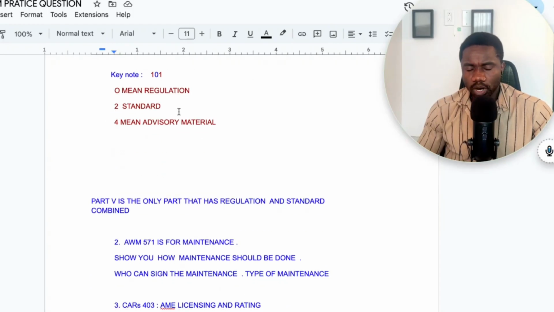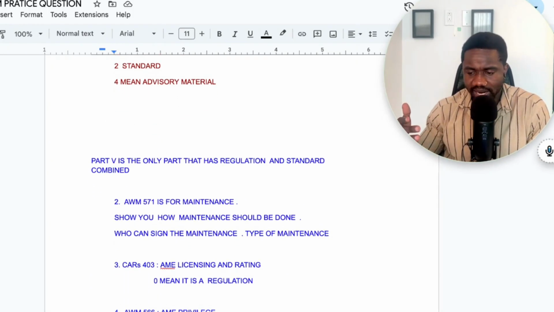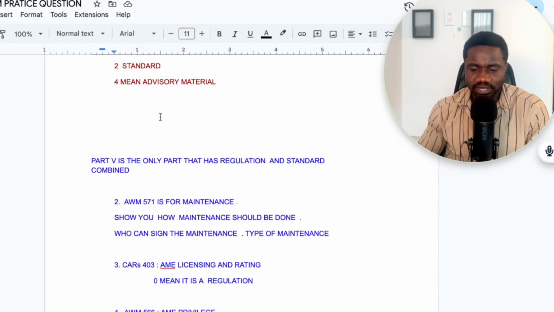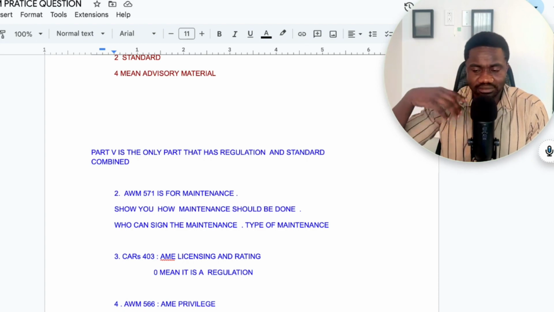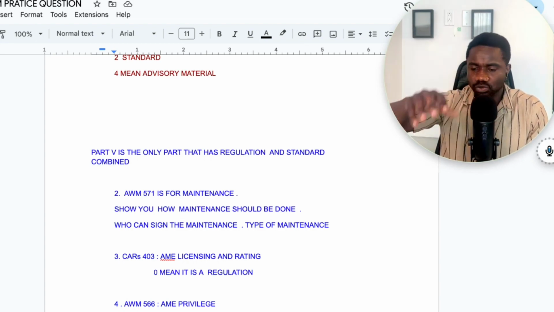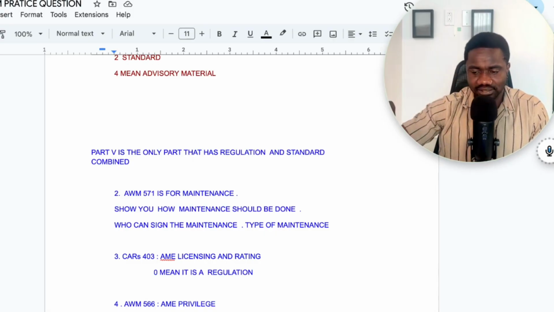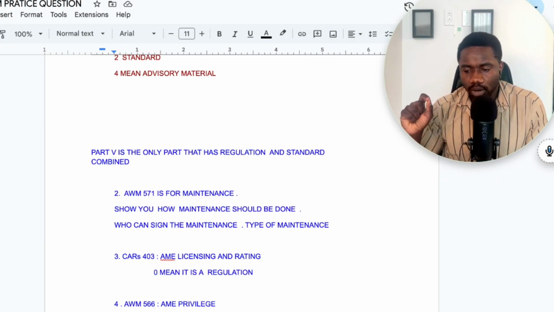403. So part 4 is mostly focused on personnel licensing and rating, right? So for everyone that is involved in aviation, when it comes to personnel licensing for pilots, for flight attendants, for ATC, that's where you can find the licensing, right? For AME, you can find the AME licensing. But for us, our licensing is mostly focused on where you can find information for AME licensing and rating, and that is in 403, right?